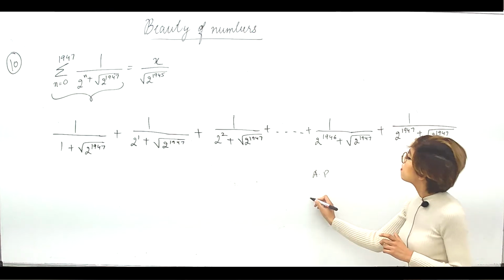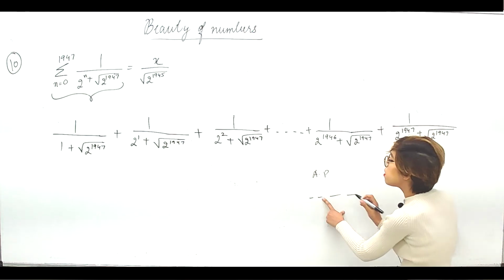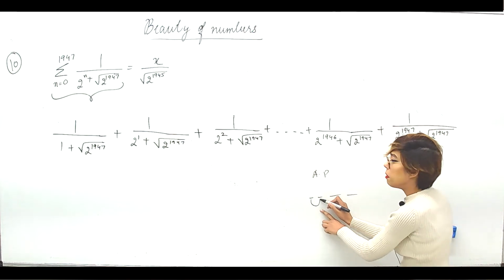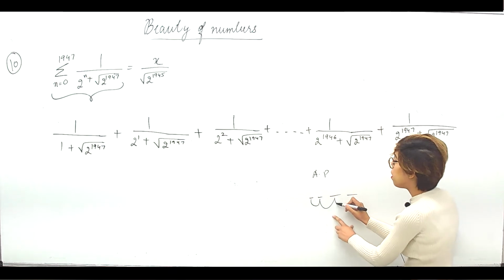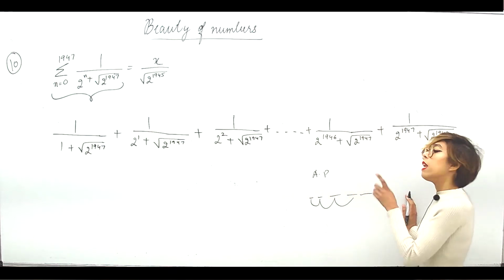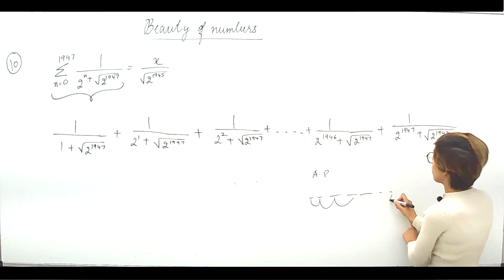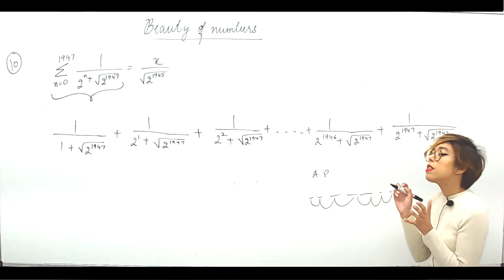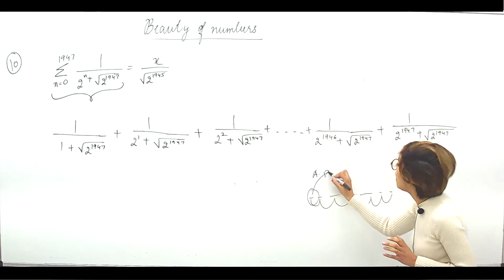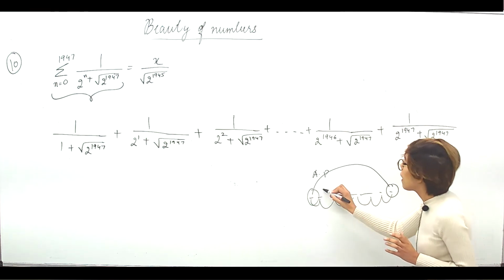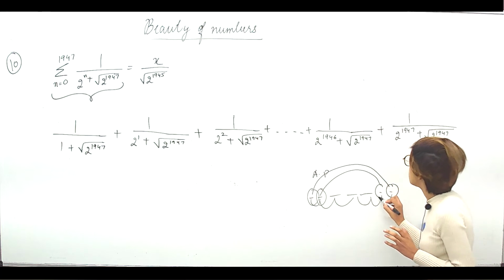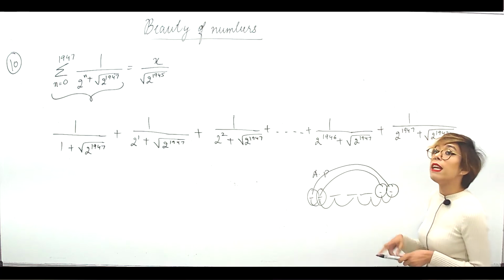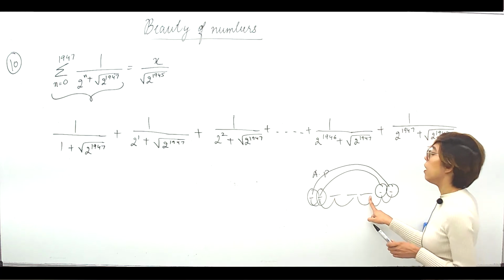Now, AP is what? It is a sequence in which the next term is obtained by adding a certain number, right? So add the number, add the number, add the number. And if I have to go backward, I'll subtract the number, subtract the number, subtract the number. So what happens is that the sum of first and last, and second and second last, remains the same. And it is the same as the sum of third and third last.